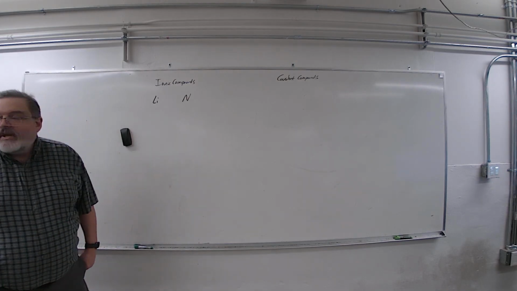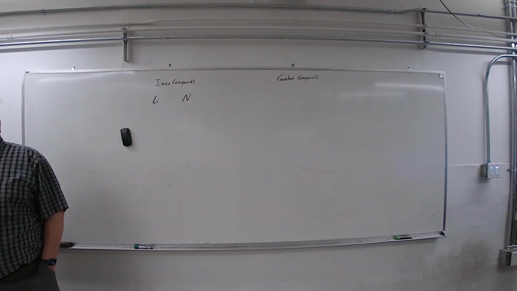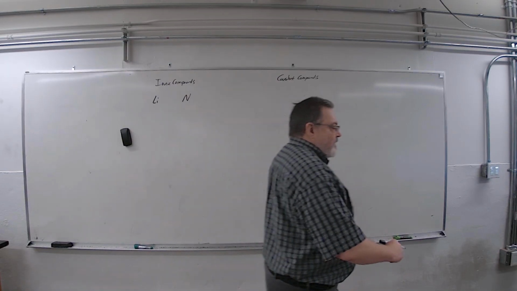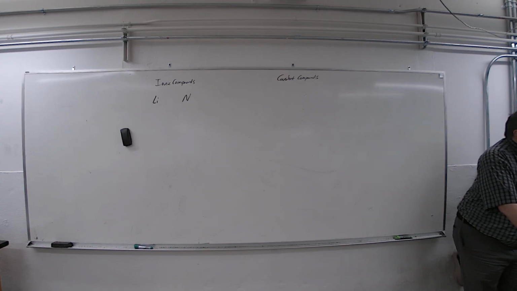There's a metal, there's a non-metal. What's the charge on Li? It is positive 1. I'll give you a peek at this. This is in your book. Stare at this a second. Does that remind you?